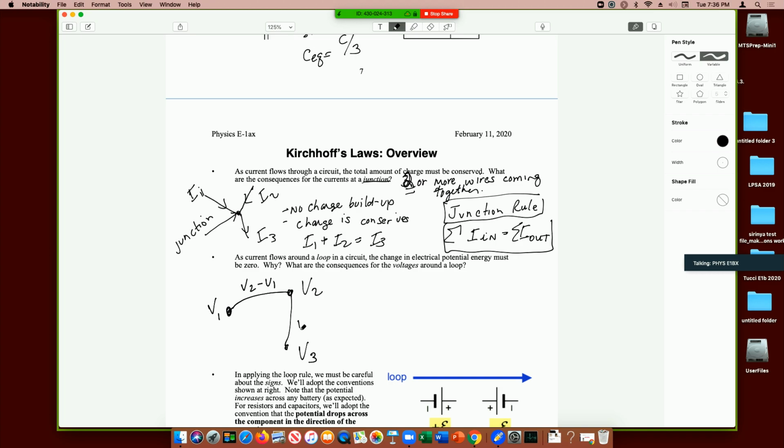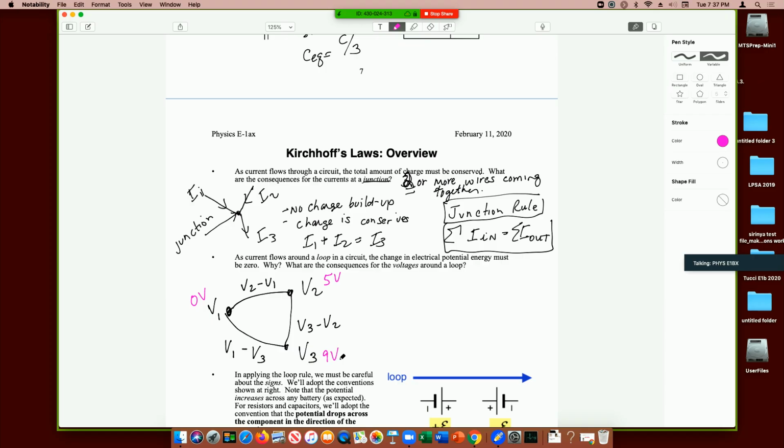From here to here is V3 minus V2. And from here to here is V1 minus V3. Now let's put numbers in just for fun. Let's say V1 is 0 volts, V2 is 5 volts, and V3 is 9 volts.